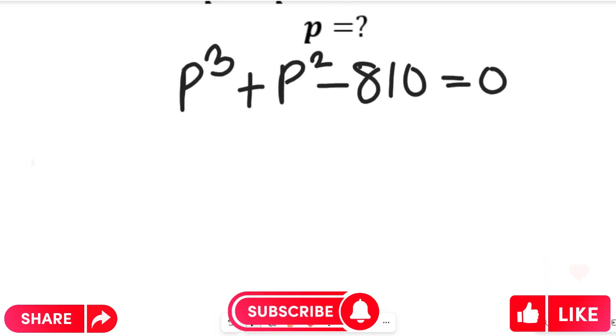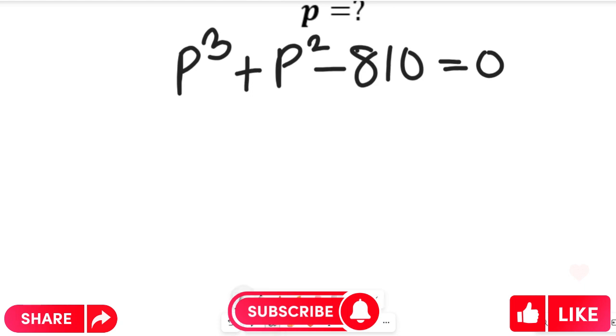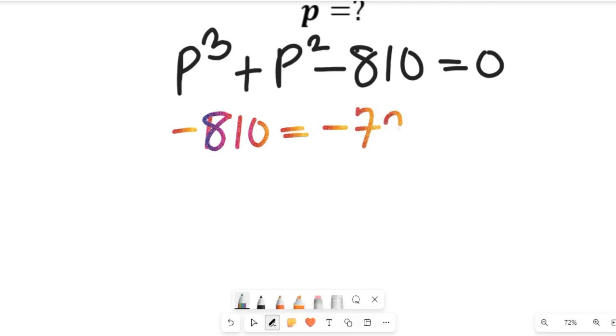So, what is the logic? Now, instead of solving this polynomial equation using the normal polynomial method, I'm going to assume that my negative 810 is equal to negative 729 minus 81, from the factors of 810. Now, this can be a complete factor and this can be a perfect factor.